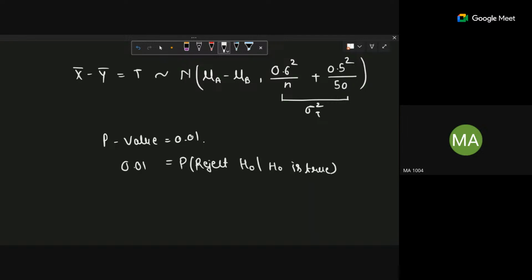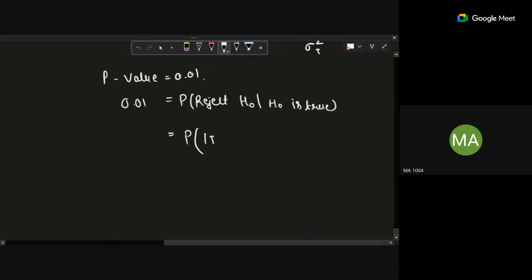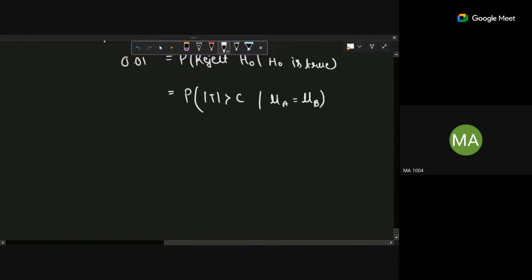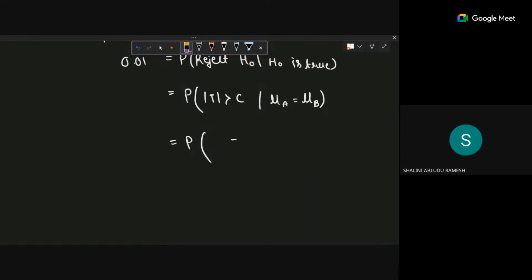So it's 0.01, and rejecting means modulus T greater than C such that mu A is equal to mu B. Once we do that, we subtract the mean of this T, mu A minus mu B. Just to make it a Z distribution, we subtract the mean and divide by its standard deviation, sigma T. This should be greater than C.